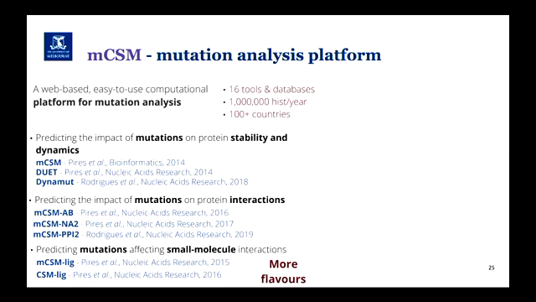And this is probably the first method capable of predicting effects on protein-drug interactions. And we keep adding more flavors. And these will basically tell us different potential mechanisms of mutations. And today we have around 16 tools and databases that are hit over 1 million times per year from 100 different countries. So it's been widely used.